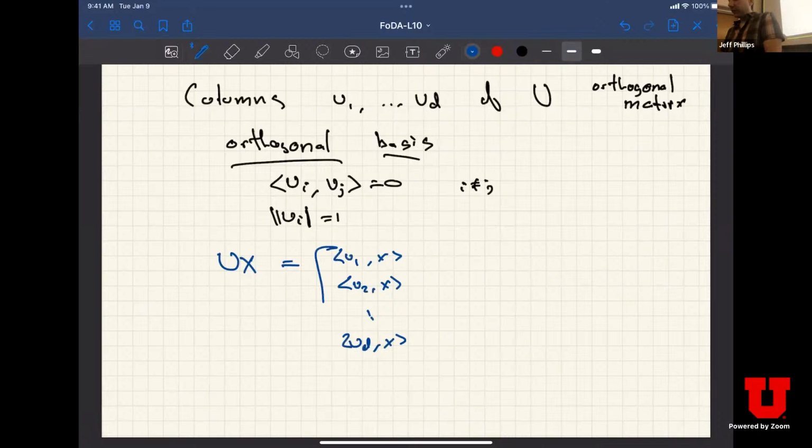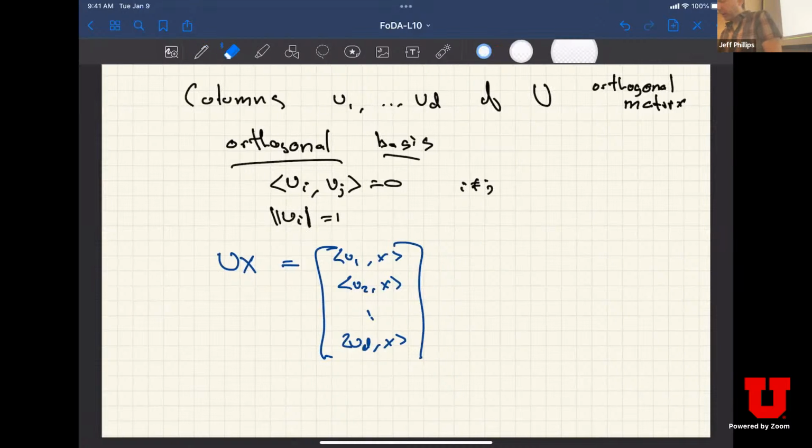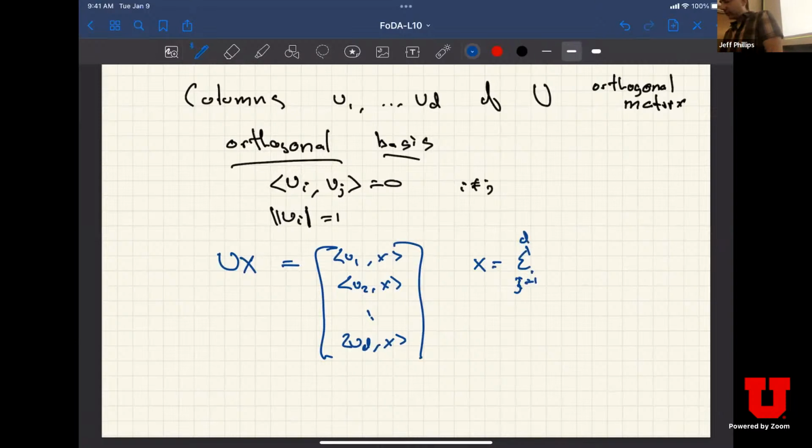This is my new vector here. And what this is saying is that I can actually write x as the sum of, say, j equals 1 to d of some scalar alpha j times uj.